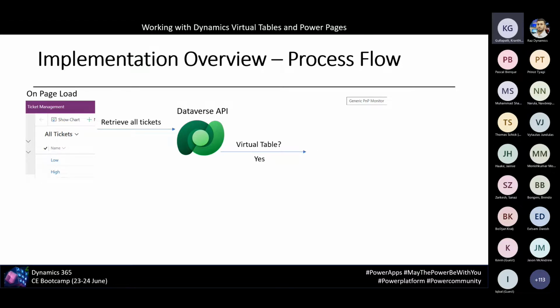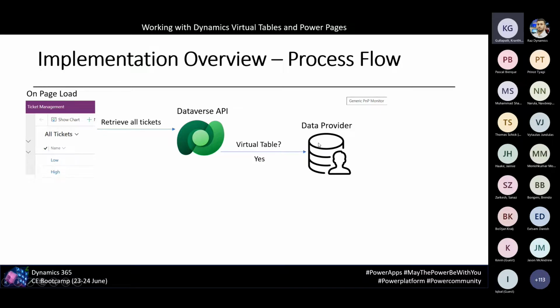But if the table is a virtual table, then it is going to check who is the data provider for this virtual table. This is what we need to create: one data provider for a virtual table.